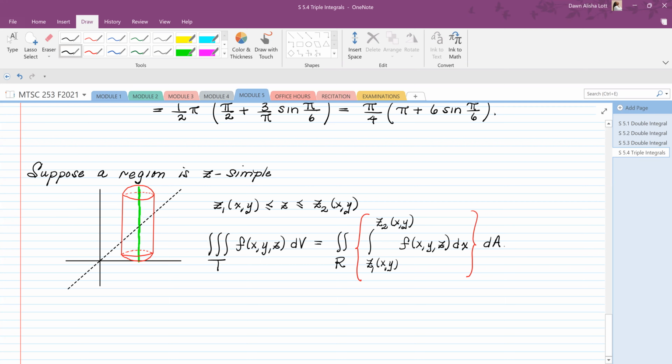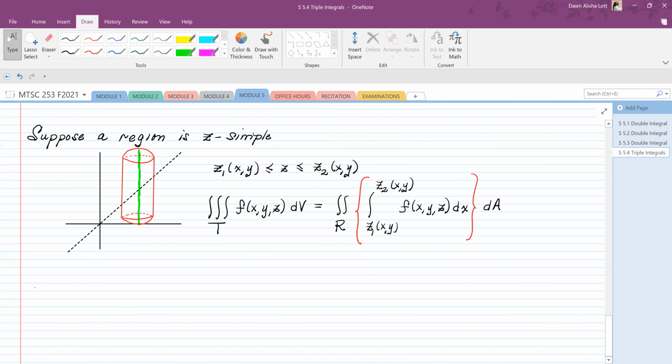Okay. So you need to project R into the XY plane. All right.